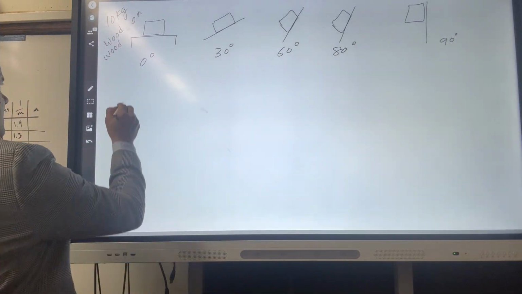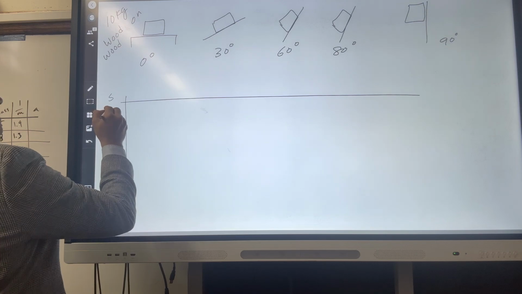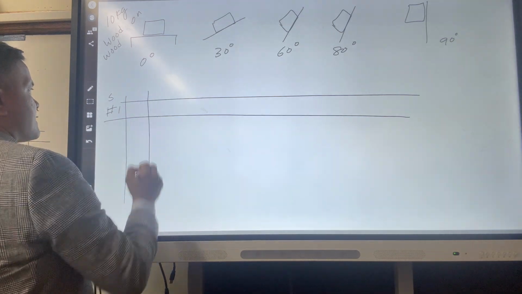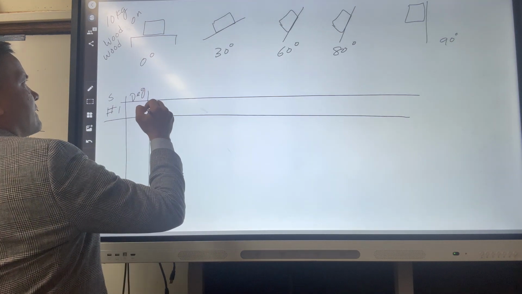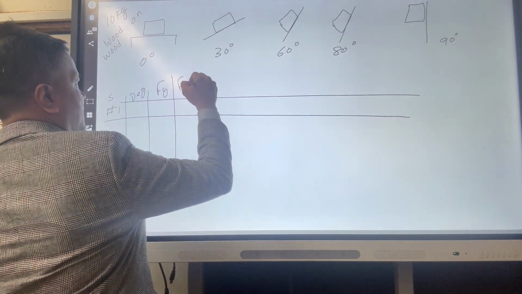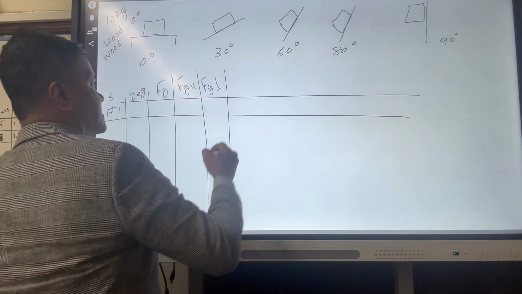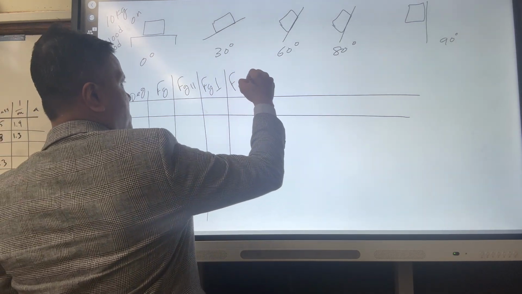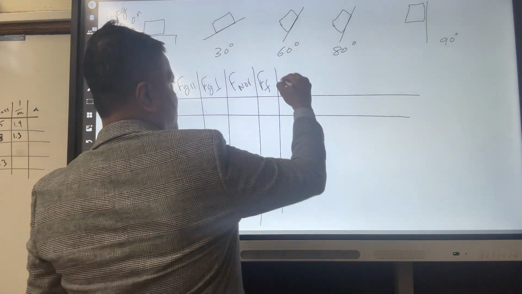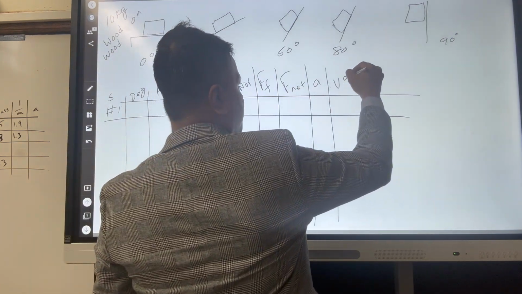A few things you're going to find. Number 1, you're going to write scenario 1. Let's find scenario 1. Degree, and then weight, and then FG parallel, FG perpendicular, F normal, Ff, F net, acceleration, and velocity at 2 seconds.